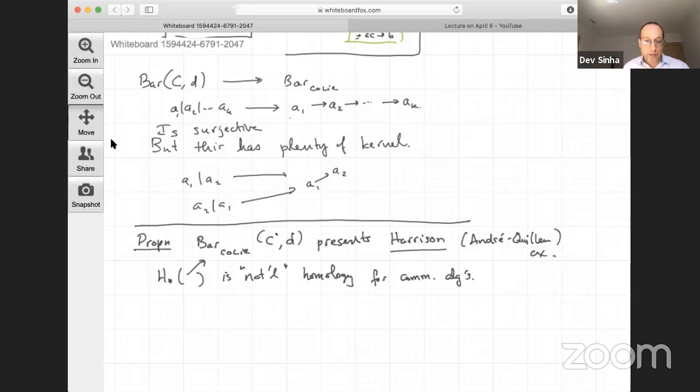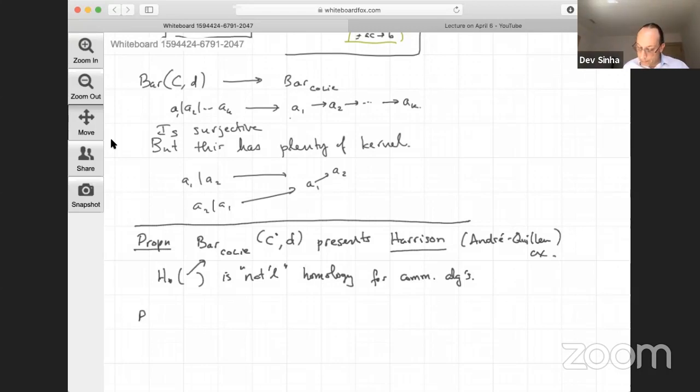And he figured out what they were in terms of shuffles, and he presented this complex as a quotient of the co-associative bar complex. This is a different one, but in any case, it's actually isomorphic, just algebraically, to Harrison's. Harrison, by the way, was also faculty at the University of Oregon, so I enjoy the local flavor of the mathematics from my point of view.